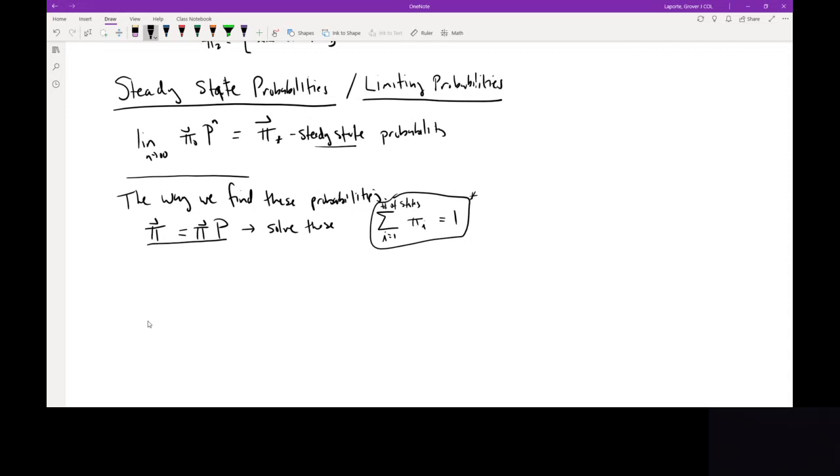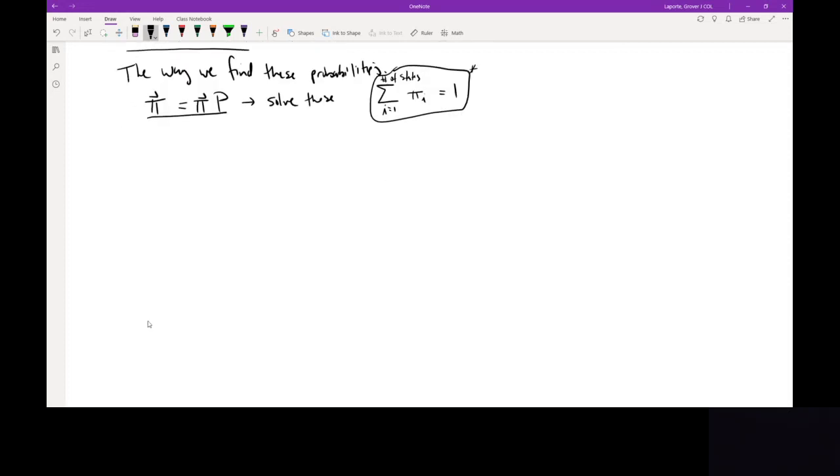Okay, so let's see what happens. Let's do the one for this particular problem. So we get pi 1, pi 2, pi 3, and that's equal to pi 1, pi 2, pi 3 matrix multiplication.